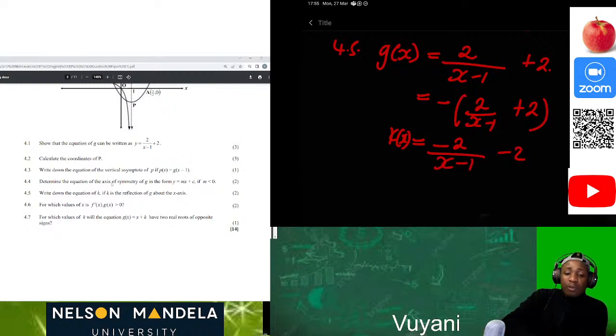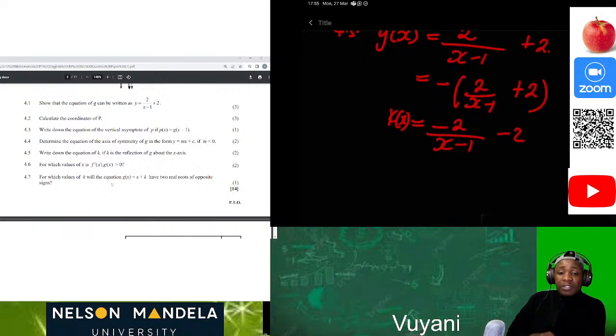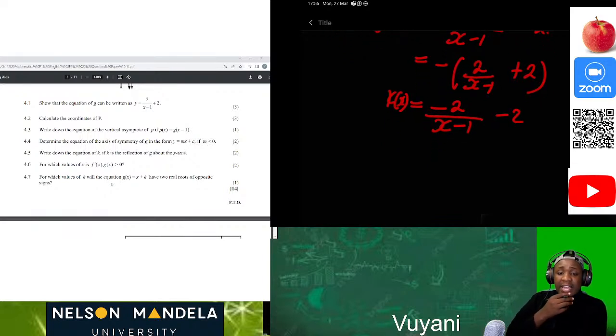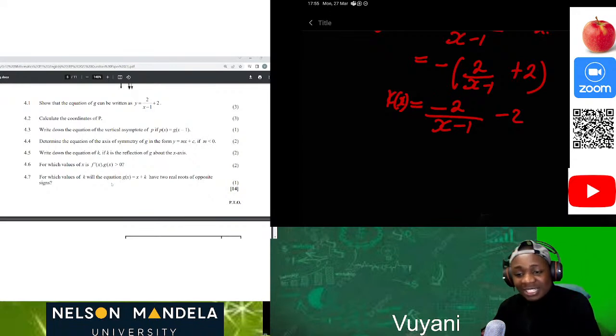So this is our new function. For which values of x is f prime of x times g of x greater than 0? What is f prime of x? According to your calculus, f prime of x is the derivative of the function.